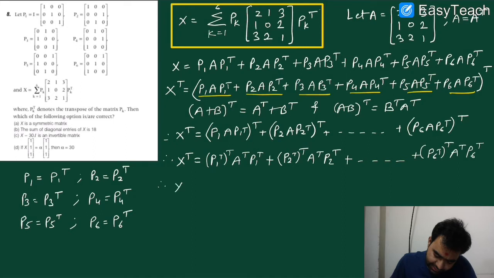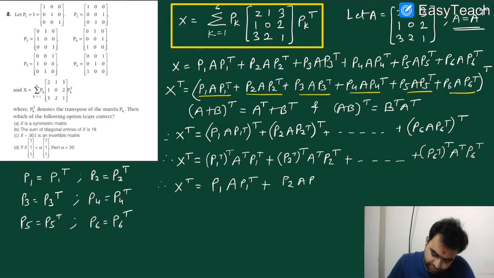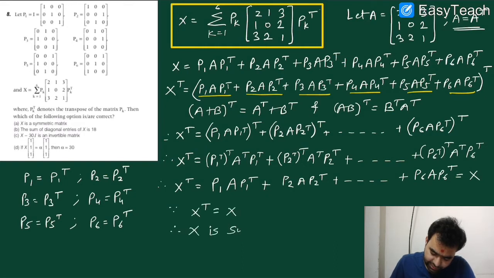So X transpose is equal to, now (P1 transpose) transpose is the same as P1, A transpose is the same as A from this information, and P1 transpose, plus P2A P2 transpose and so on, P6A P6 transpose. Now we can see that this is very much equal to X. So since X transpose is equal to X, we can say that X is a symmetric matrix.